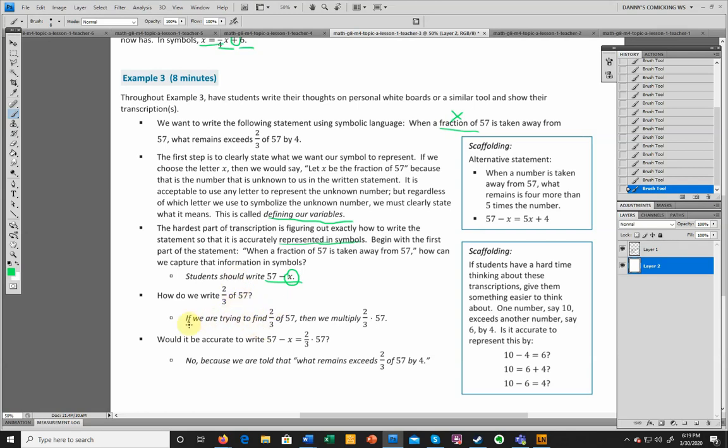Well, if we are trying to find 2/3 of 57, it would be 2/3 times 57. Would it be accurate to write 57 minus x equals 2/3 times 57? No. Because we are told what remains exceeds, is more than, 2/3 of 57 by 4.